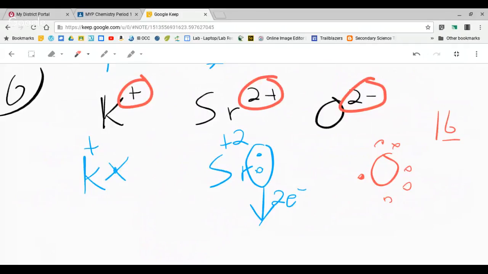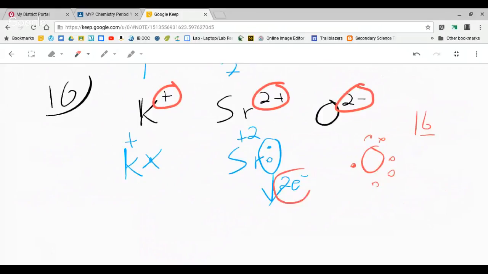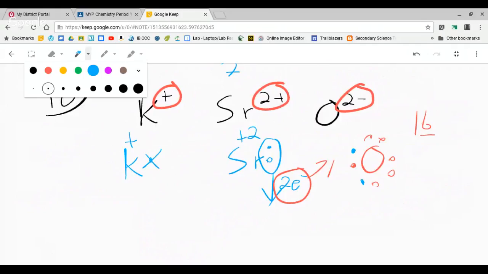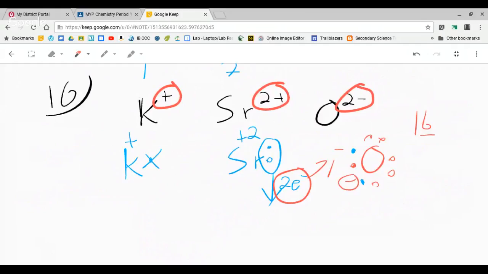It's easier for oxygen just to gain 2 electrons, like it could gain 2 electrons from strontium. Wherever it gains those 2 electrons, it doesn't really matter. It usually gains 2 electrons when it's forming a compound or a stable molecule. When it gains those 2 negative charges, it becomes a -2 ion because it's gaining 2 electrons. That makes it -2.